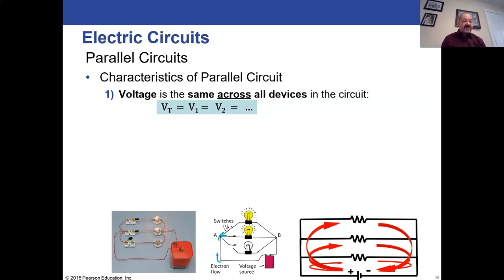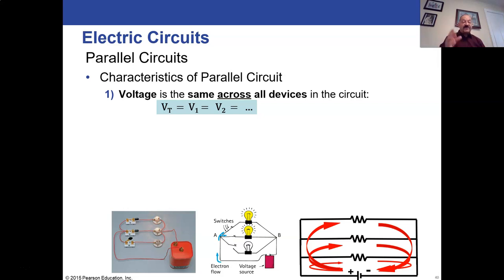So in this case, because the voltage is coming directly from the battery to one lamp, or directly from the battery to another lamp, or directly from the battery to a third lamp without going through one lamp after the other, that means every lamp gets to see the full voltage from the battery.